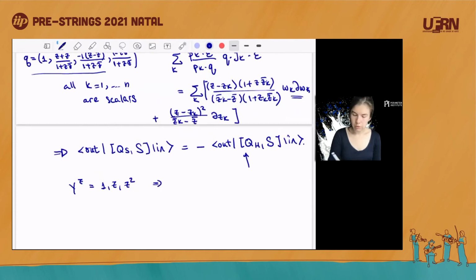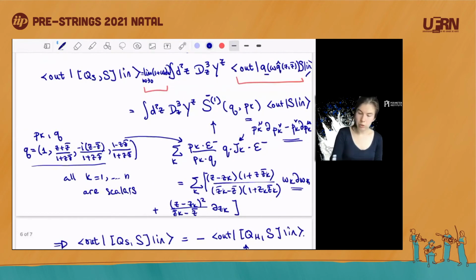So one gets, and similarly for yz bar, so you get angular momentum conservation. Essentially because this particular mode, if you set yz to be 1, z or z bar, this guy is just going to vanish. So this particular mode of the subleading soft factor is going to be 0.